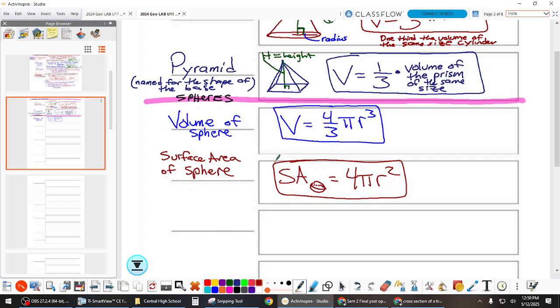And in this case, you only have to plug one thing in, which is r. So I think spheres should remain fairly friendly.